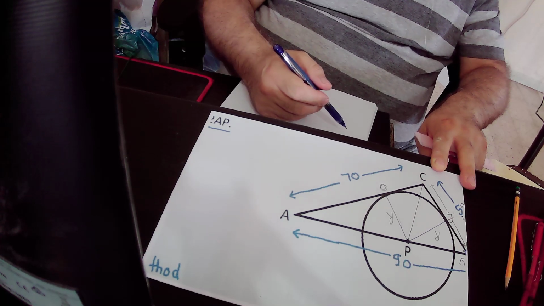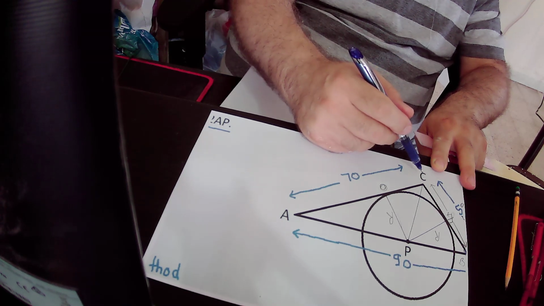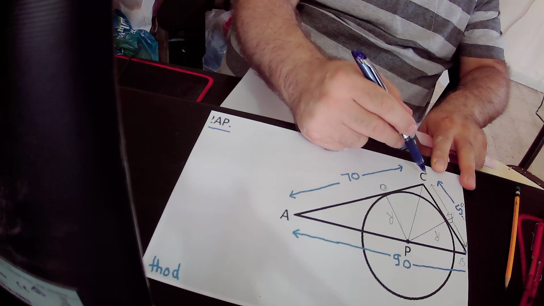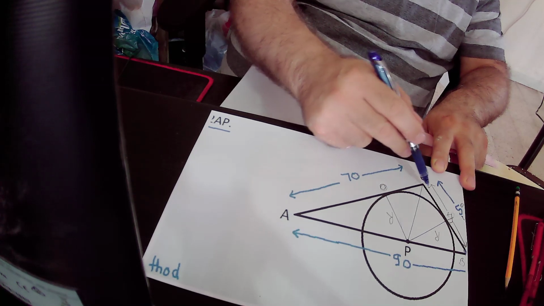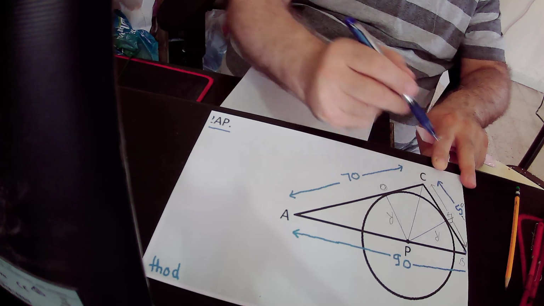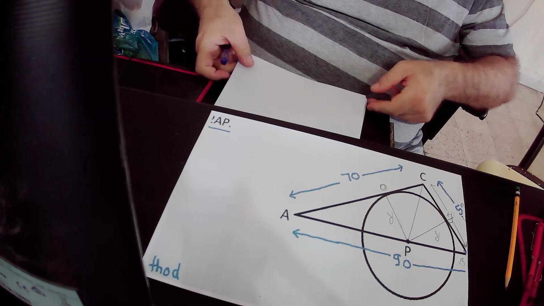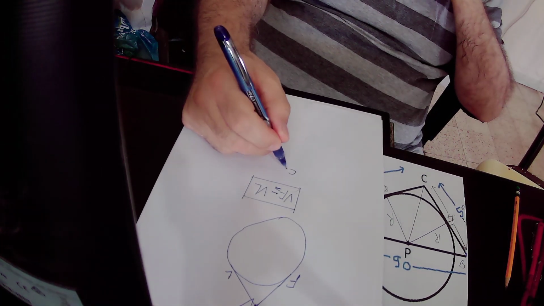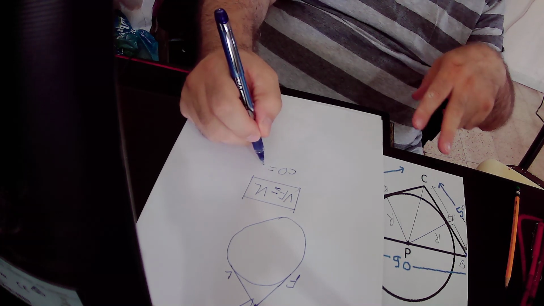And we actually have here two tangents to the circle from point C. This is the first tangent and this is the second tangent. So according to our rule, we can say that CO equals CE.